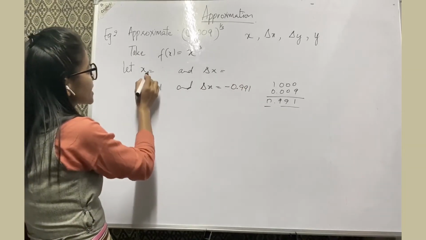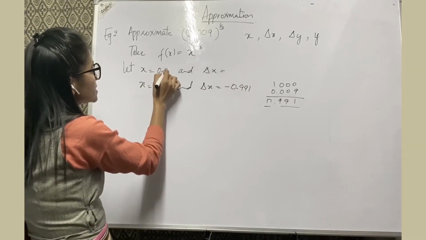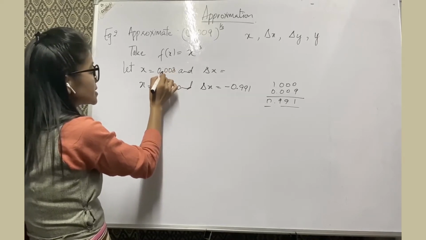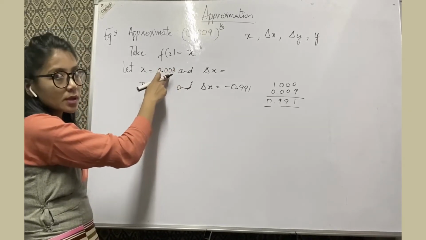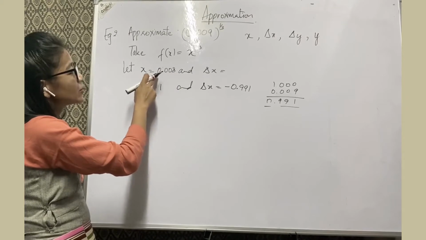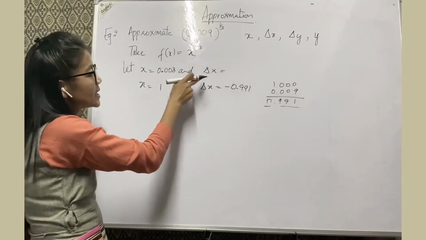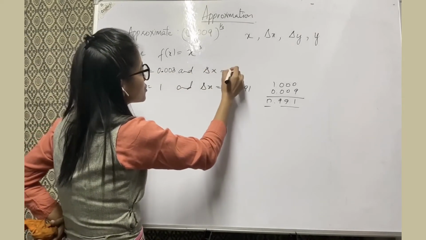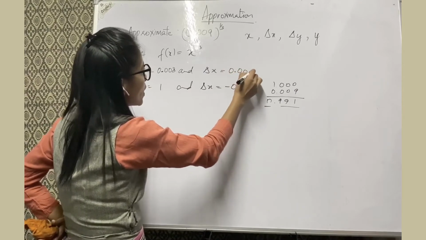And if you choose x is equal to 0.008, because it's a perfect cube number, then your delta x is equal to 0.001, okay.